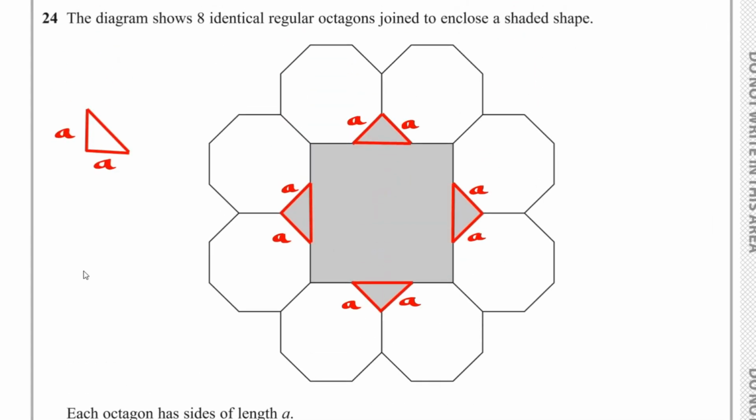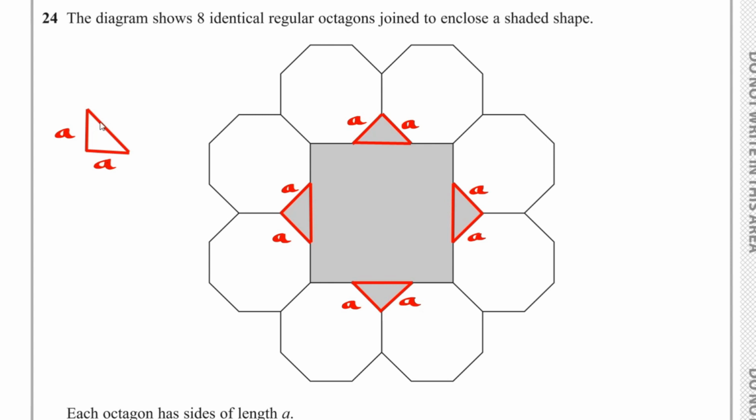Now, the next thing we need to do is find out the area of this square. So for me to find out the area of the square, what I need is the length of the square. And before I do anything else, what I can do is find out what this length here is.